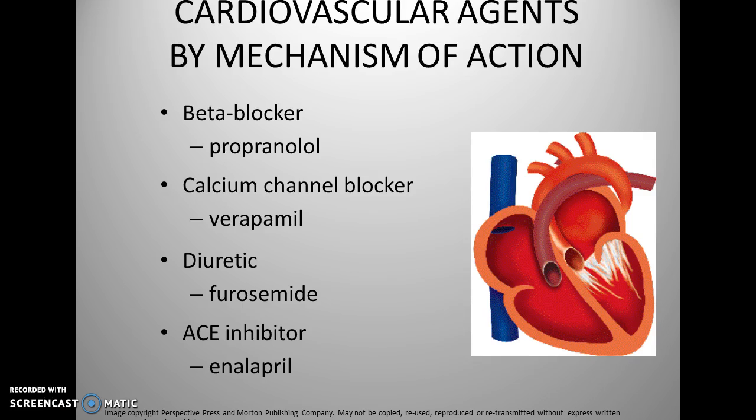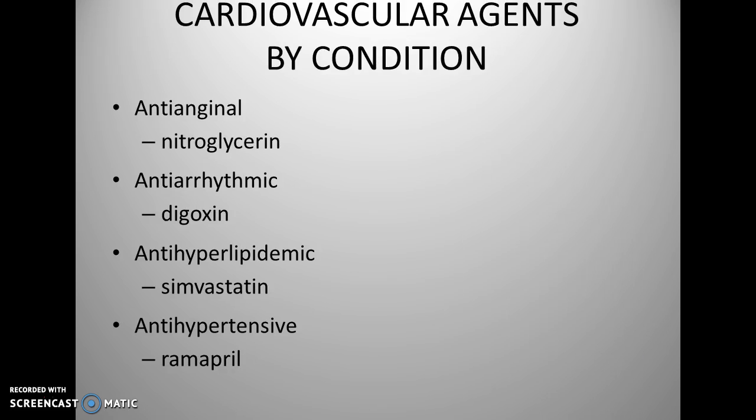Notice anything that has "sartan" in it is also considered a subgroup of these. Examples are captopril, brand name Capoten; enalapril, brand name Vasotec; and lisinopril, brand name Zestril. Okay, so anything "pril" will be an ACE inhibitor.